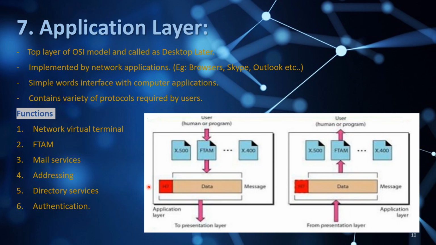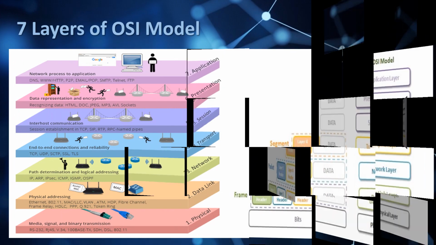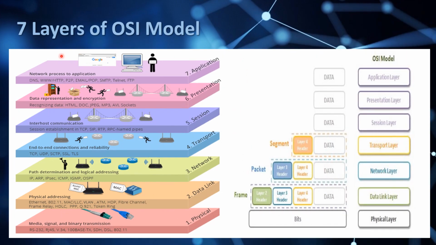As we have seen each layer of the OSI model, let's see this overall OSI model layers. In the physical layer, data is in the form of zeros and ones. We can call them bits.